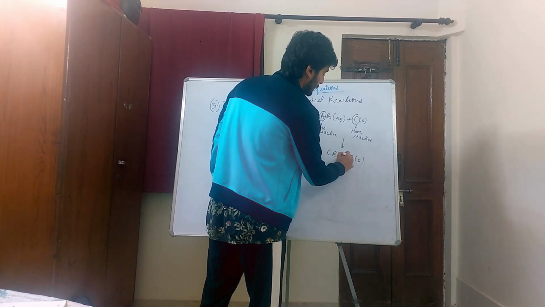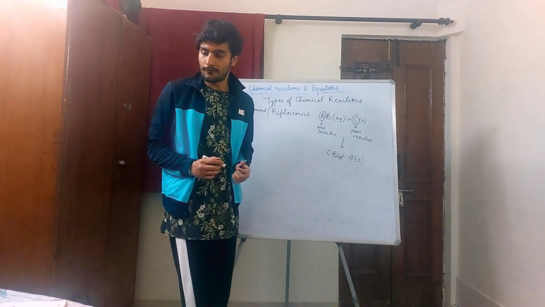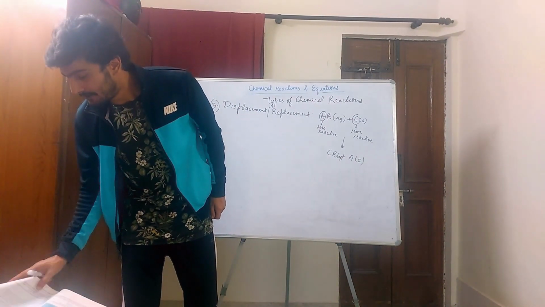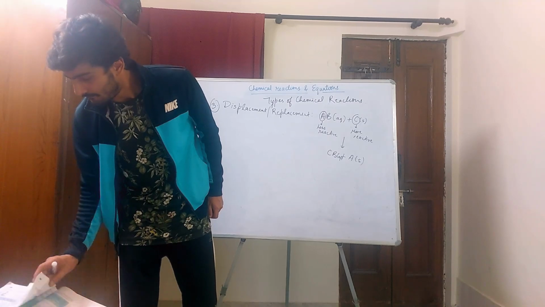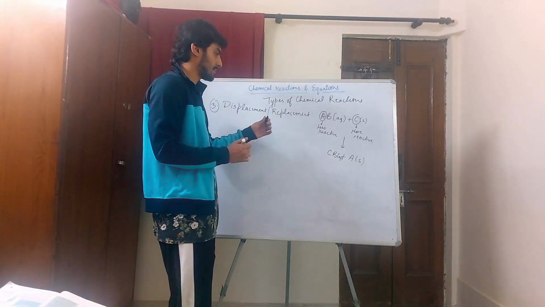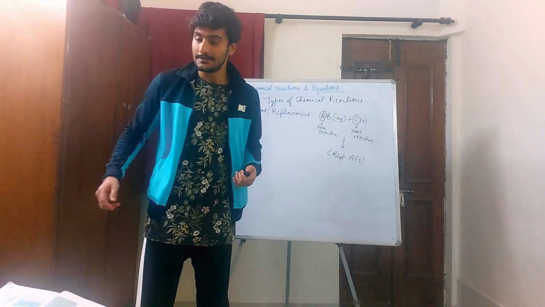This will come in aqueous form and this will go in solid form. So this is the third type of reaction. Let me put up an example. These are based on the reactivity series, which we will see in later chapters.